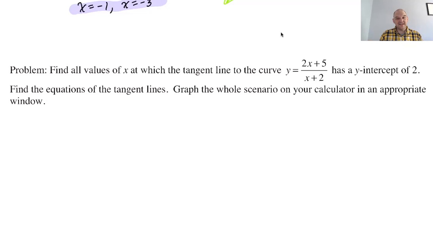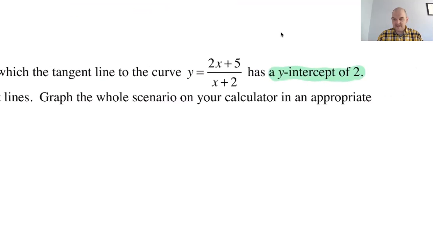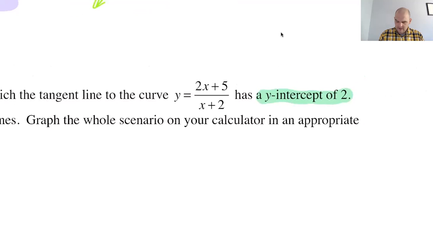We also kind of know 2 points that are on the tangent line, but you may not realize that. One of them is definitely related to this. If the tangent line has a y-intercept of 2, then we know that the point (0, 2) is on the tangent line. That's 1 point.